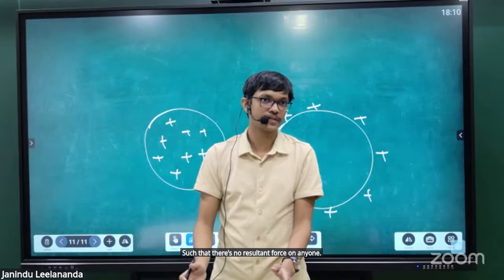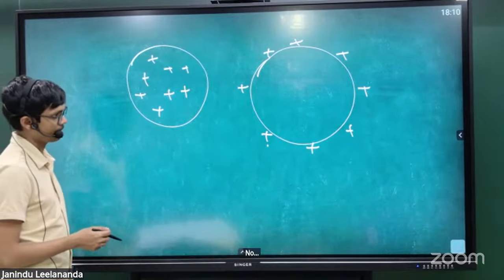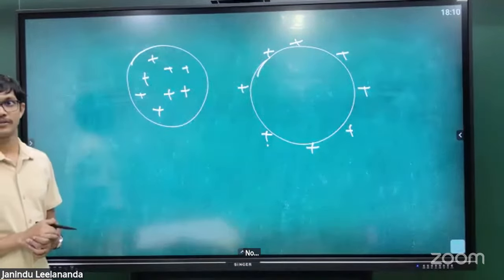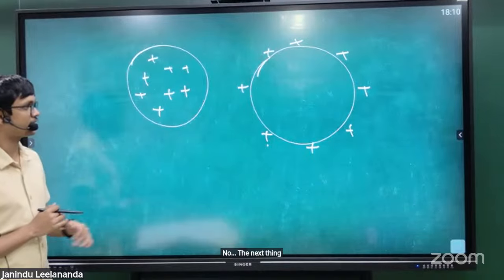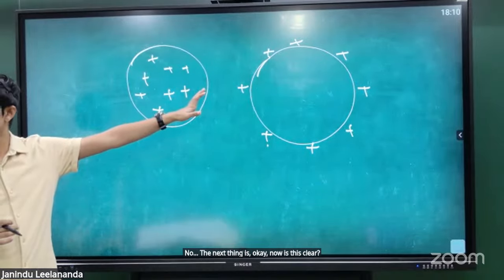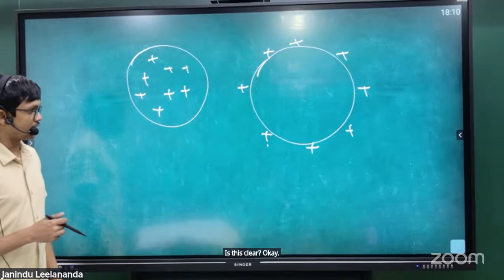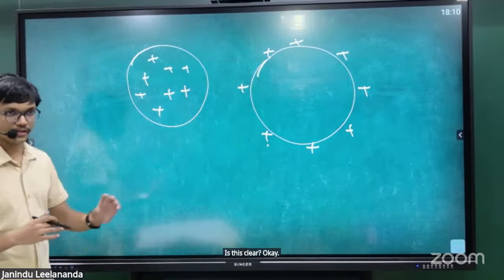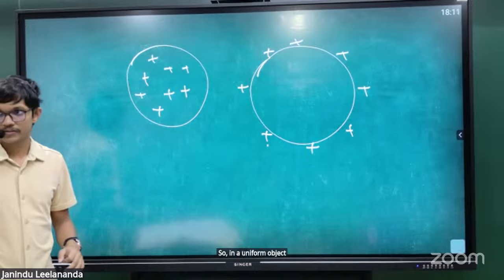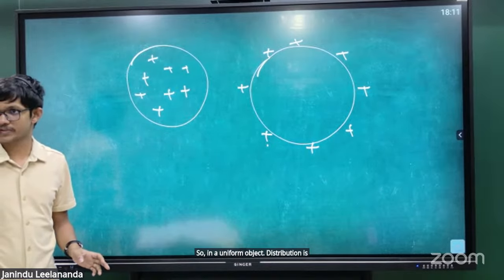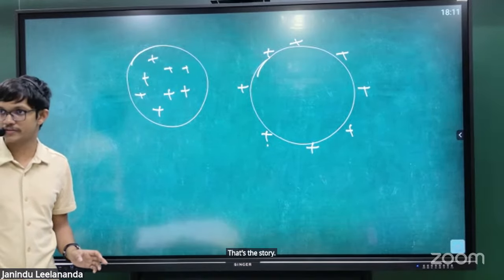Now the next thing. Is this clear? So in a uniform object, the distribution is uniform. That's the story. No big issue there, right?